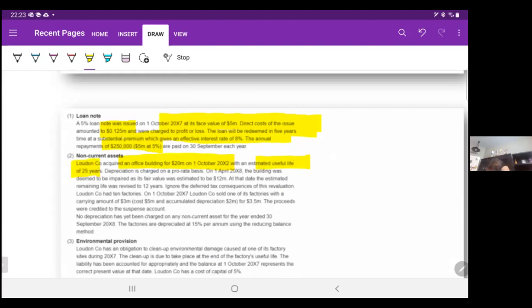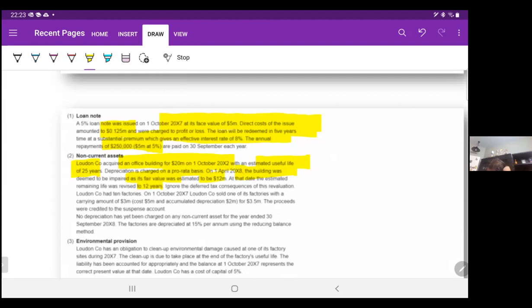The depreciation is charged on a pro rata basis. On 1st April 2008, the building was deemed to be impaired as its fair value was estimated to be 12 million. At that date, the estimated remaining life was revised to 12 years. Ignore the deferred tax consequences of this revaluation.